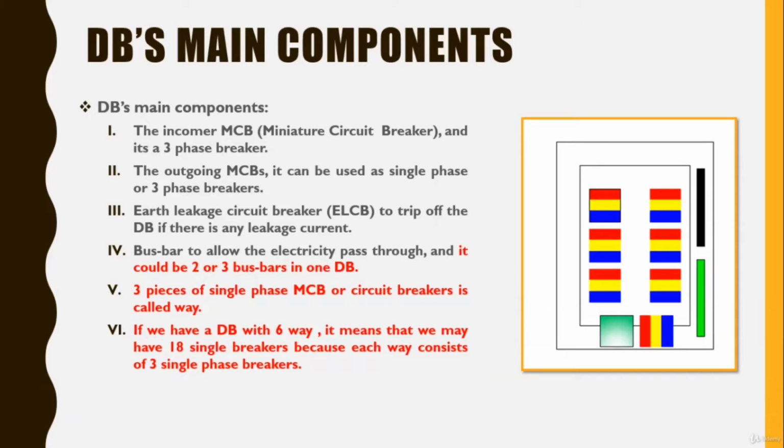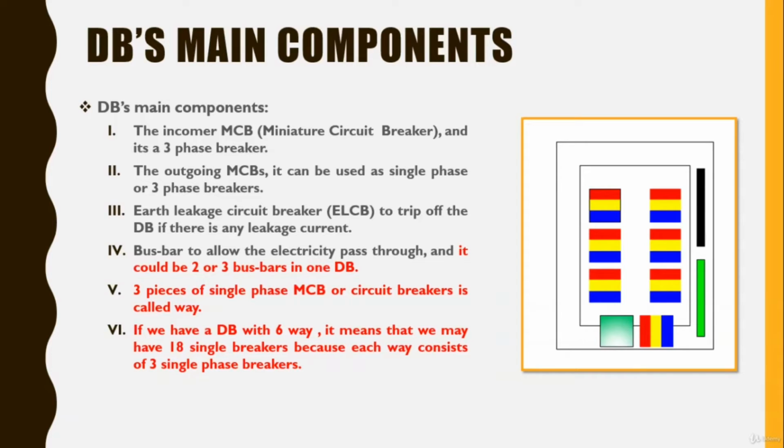So if there is any leakage current, it will trip off. Number four, the bus bar, as you know, is used to pass the current through it in order to feed the outgoing MCBs. Pay attention that it could be 2 or 3 bus bars in 1 DB. Well, these are the main components of the DB.